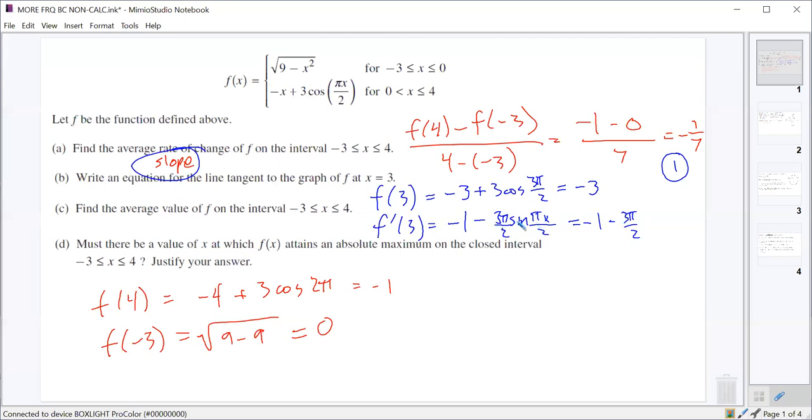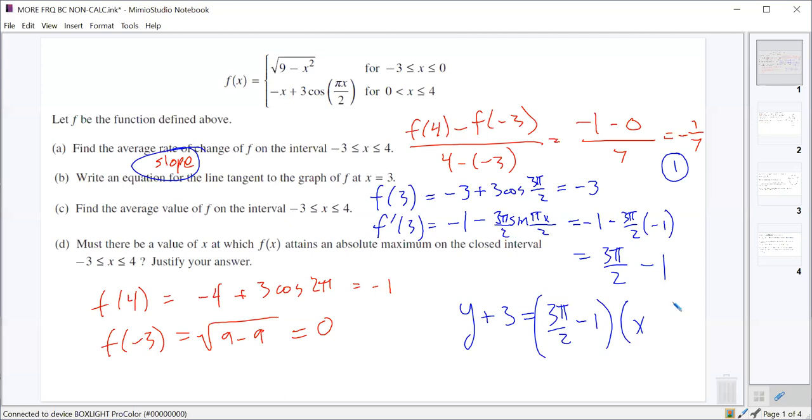So we have -3 pi over 2 times the sine of 3 pi over 2. What's the sine of 3 pi over 2? Should be -1. So we end up with a slope of positive 3 pi over 2 minus 1. And it will be y minus -3 equals that slope, 3 pi over 2 minus 1, times x minus 3.